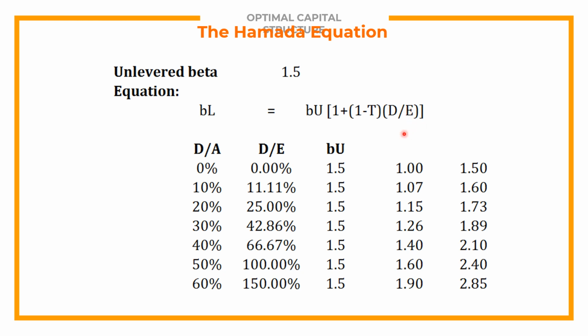Since our debt-equity ratio here is 0, then automatically the answer for 0% debt would be 1 plus 0. So unlevered beta multiplied by 1, that would give us 1.5. So this is the factor given from the Hamada equation, and this is the levered beta. So we just do that for the other levels.